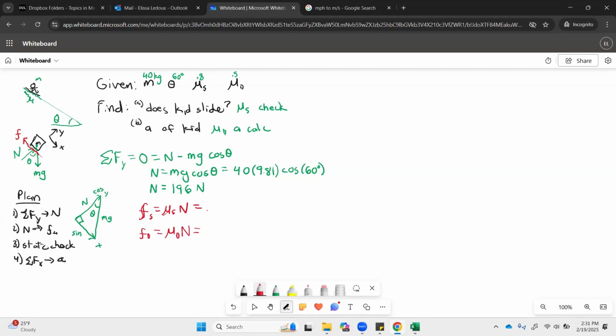So we'll have here 0.8 times that 196, and then 0.5 times the 196. And static friction is always less than dynamic friction. I don't know if I told you that before, but that is always the case. So as far as what those equal, we have 156 newtons for the static friction, and then 98 newtons for the dynamic friction.